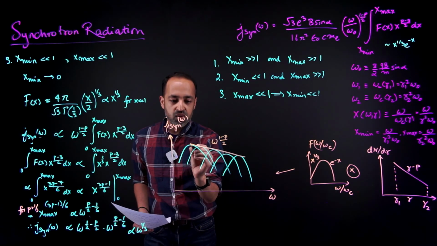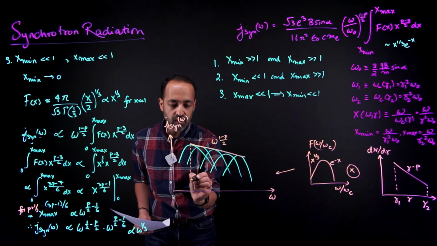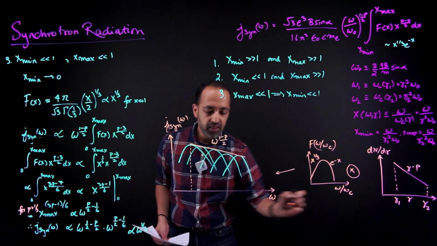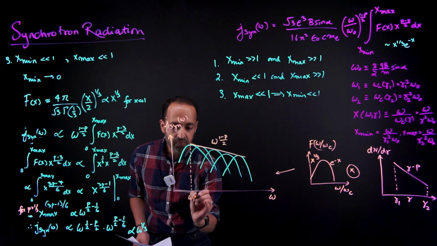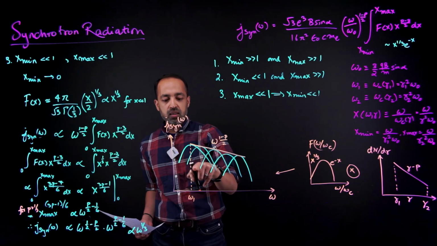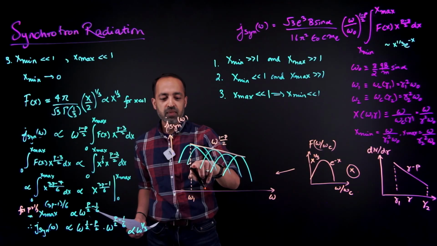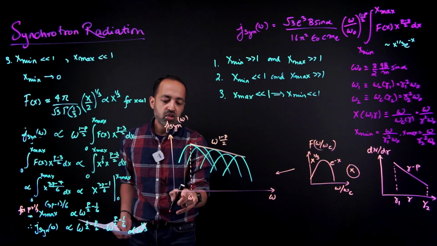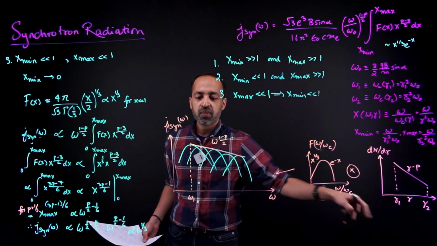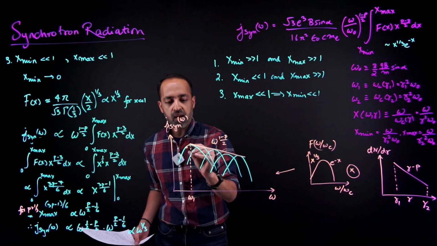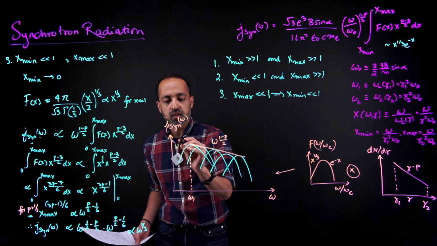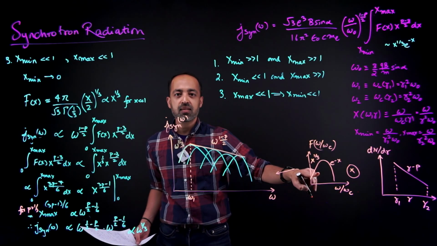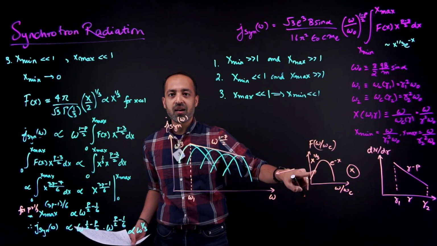At the very edge where you have the lowest Lorentz factor, where you have these gamma 1 electrons that are radiating at omega 1, the radiation at frequencies below omega 1 is dominated by the electrons at gamma 1. And so the radiation from them has this omega to the 1/3 tail. Why? Because that's the omega to the 1/3 from this f of x function.